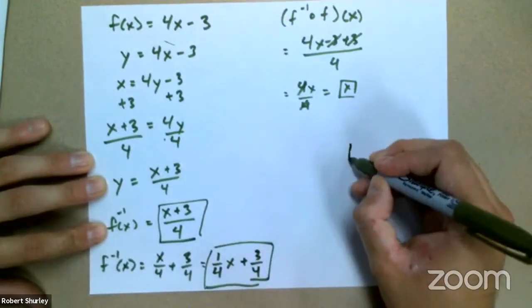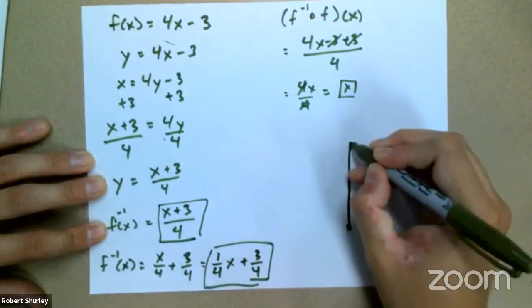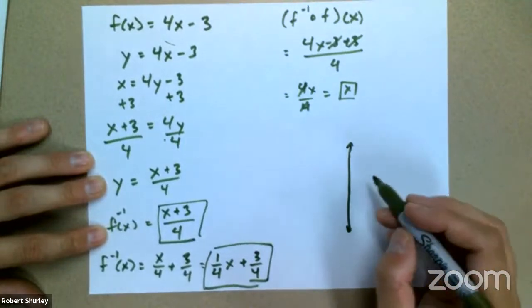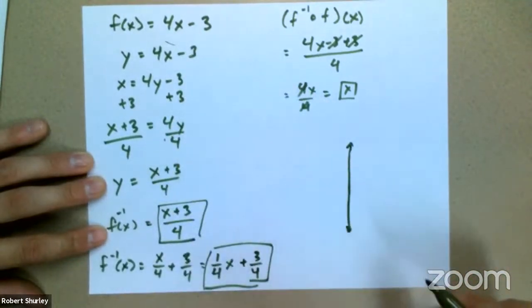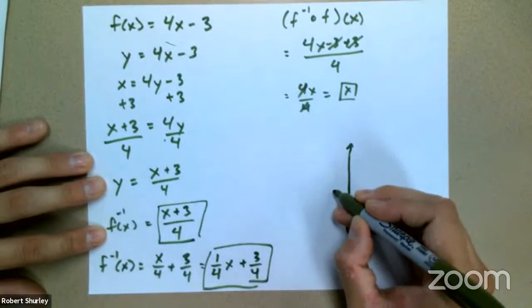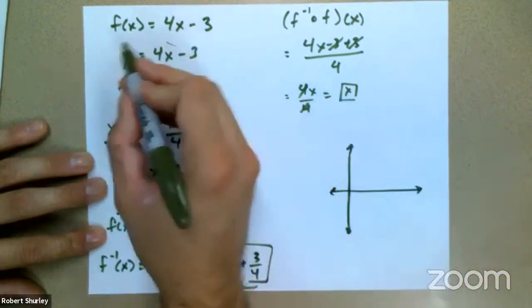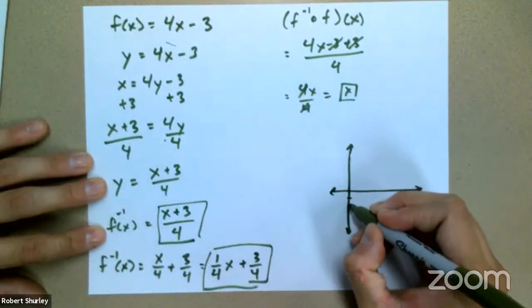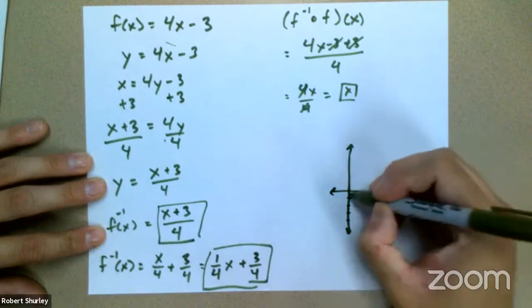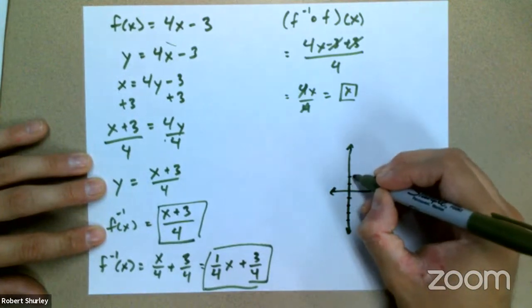Now I'm going to graph, so remember this is the original function. Here's the inverse. Let's see how this looks. Okay, so we start with the minus 3 here, and we go up 4. I'm going to graph the original first. So down 3: 1, 2, 3. I'm going to go up.